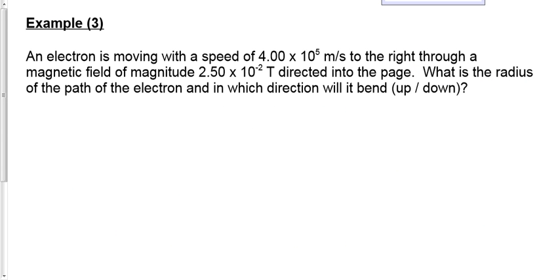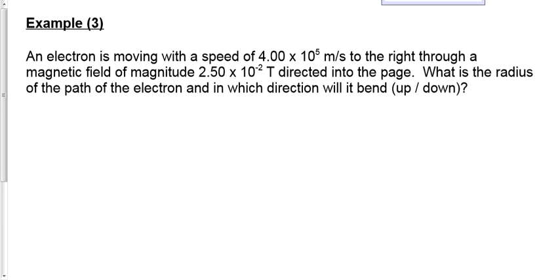Example number 3. It says the electron is moving at this speed to the right through a magnetic field that's pointing into the page. What's the radius of the path? What's the direction that it will bend? Well, charged particle moving through a field, we're allowed to use F is equal to QVB.